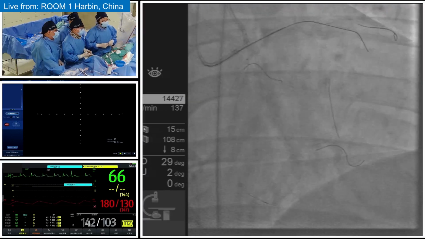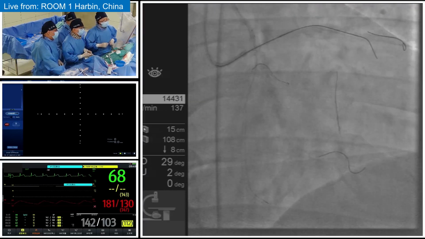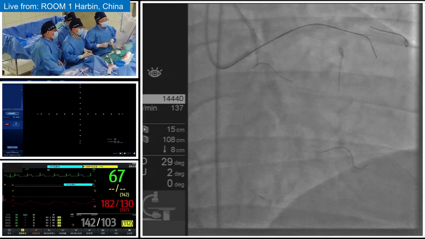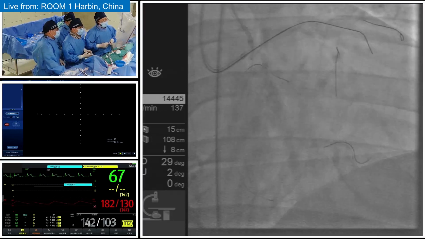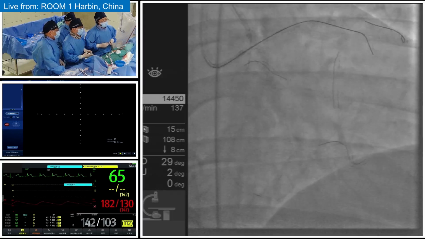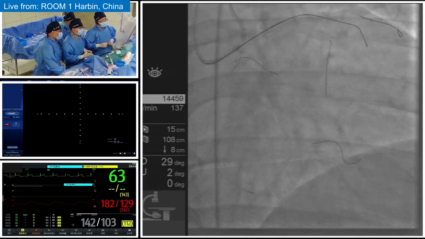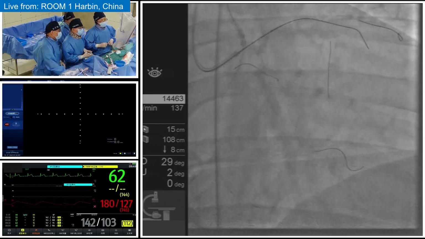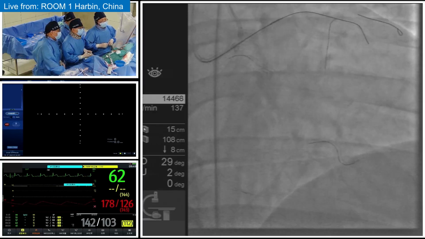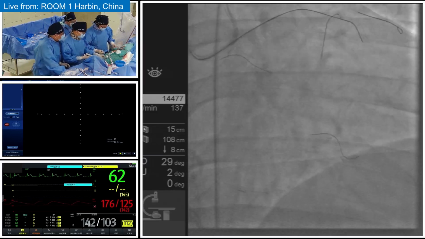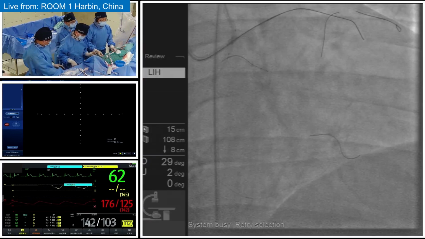It's hard to say where its exit point is, maybe in the proximal portion. Okay. Thank you. Copy that. Yes. Stop.